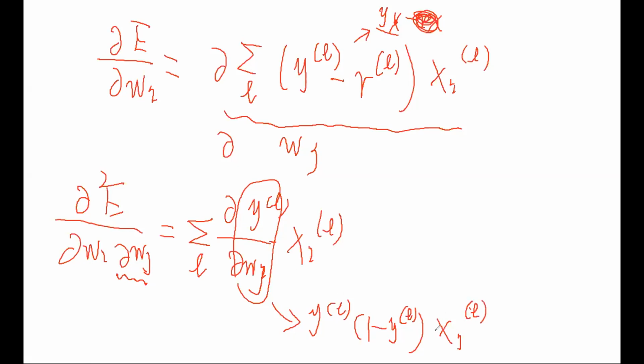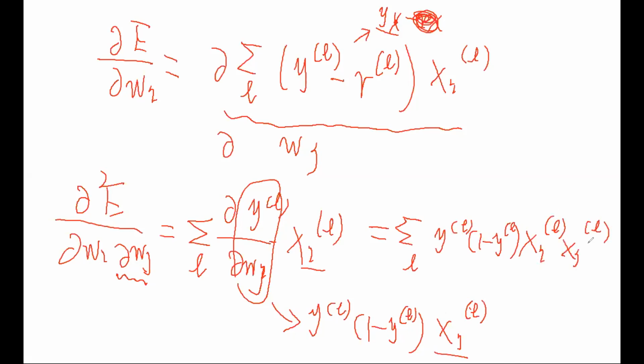So simply what we have here is the summation over L of YL times 1 minus YL times XI times XJ. They are just scalars. So this is what we reach here.